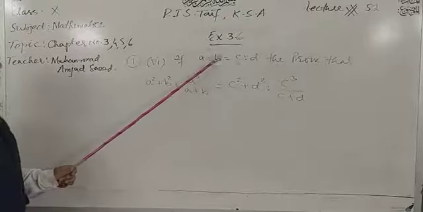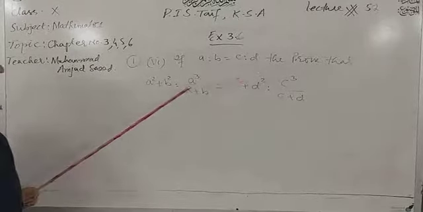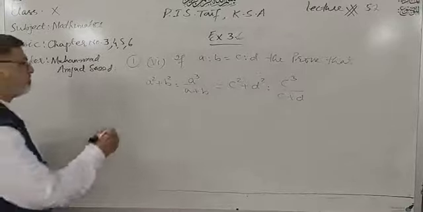As you know, a ratio b is equal to c ratio d, it is given, and we have to prove that left hand side is equal to right hand side.